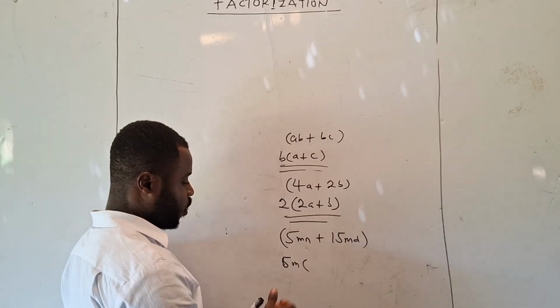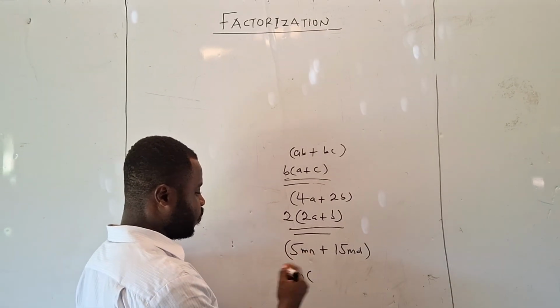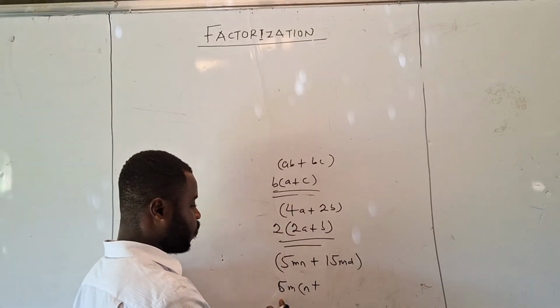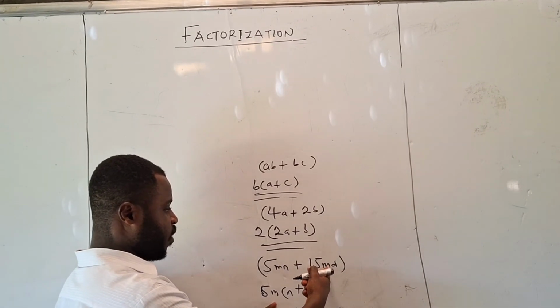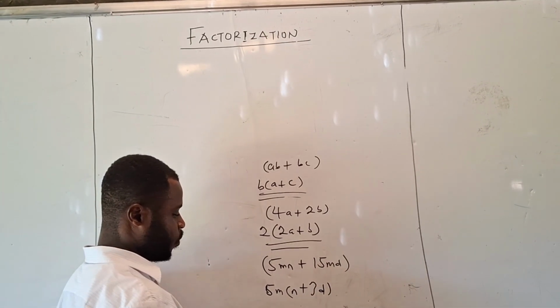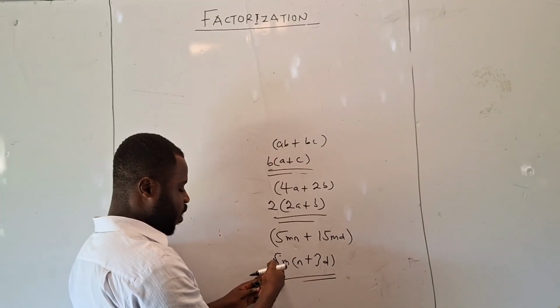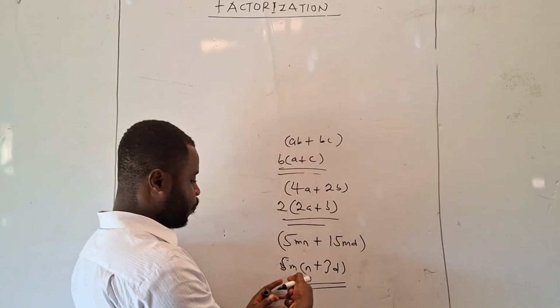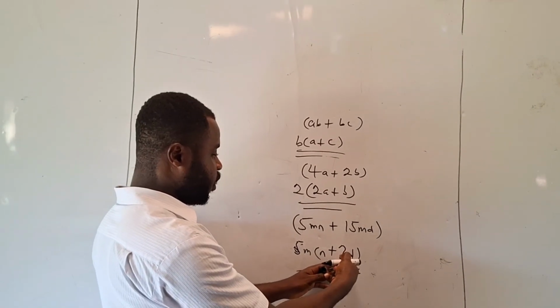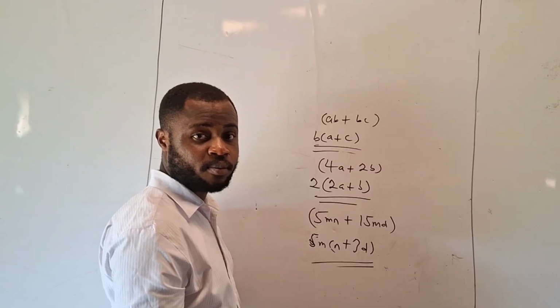When you bring it out, 5 will go into 5 once, and n is left. Then plus, 5 will go into 15, 3. The m is out. So what is left here is the d. This is the answer, because when you multiply 5m times n, you get 5mn, plus 5m times 3d will give us 15md.